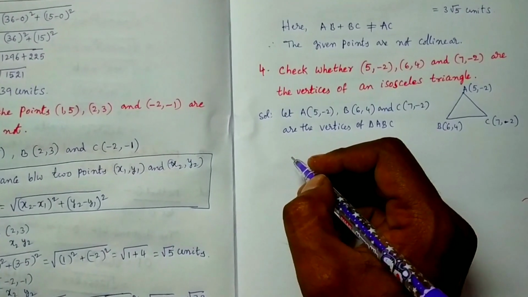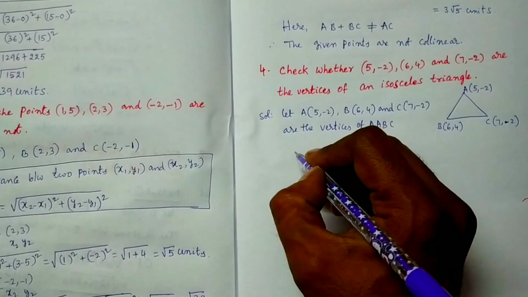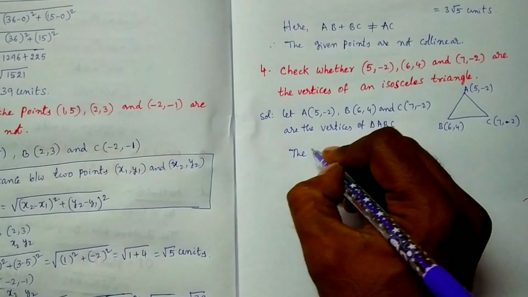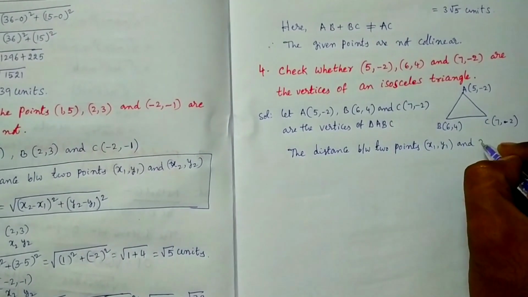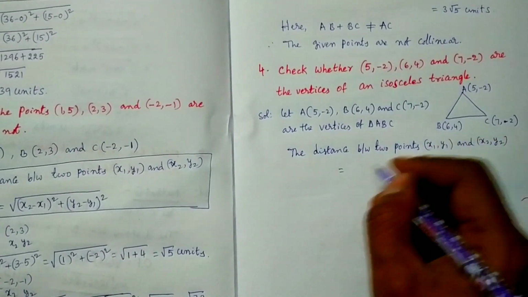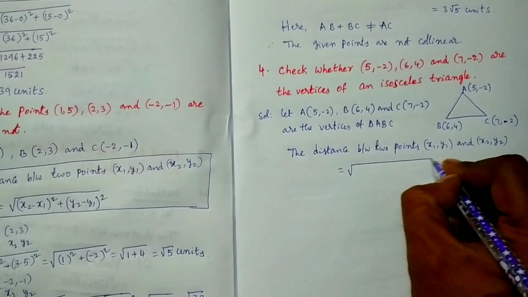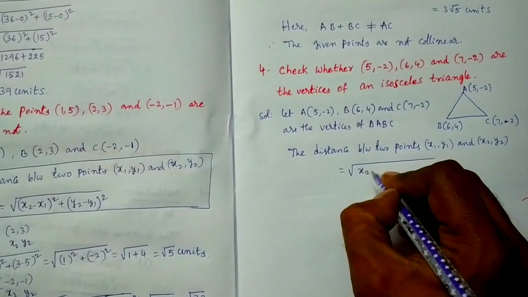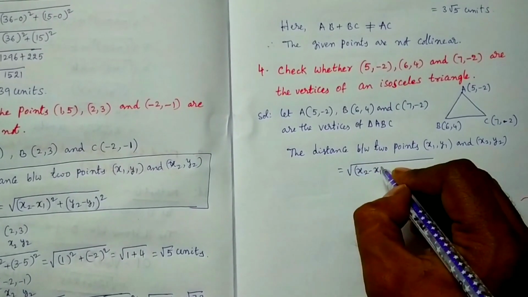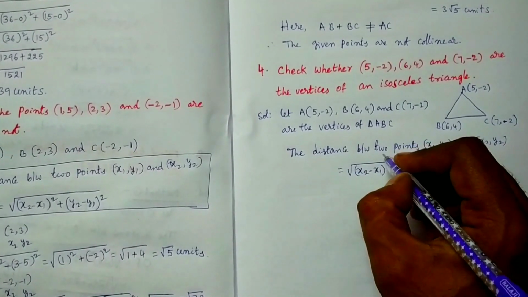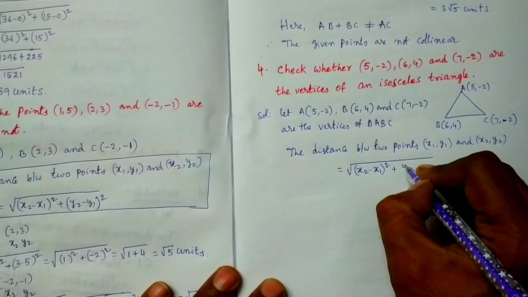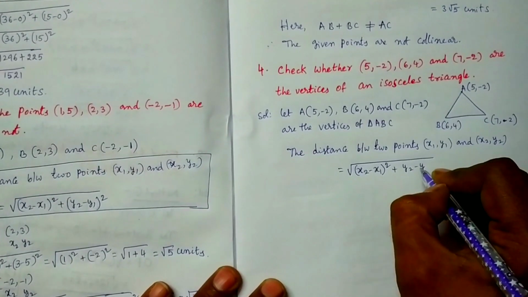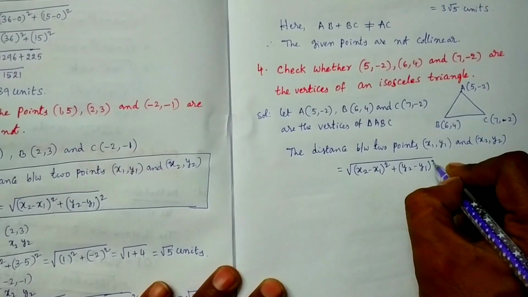Write the formula, the distance between 2 points x1, y1 and x2, y2. Then the distance between 2 points is square root of x2 minus x1 whole square plus y2 minus y1 whole square.